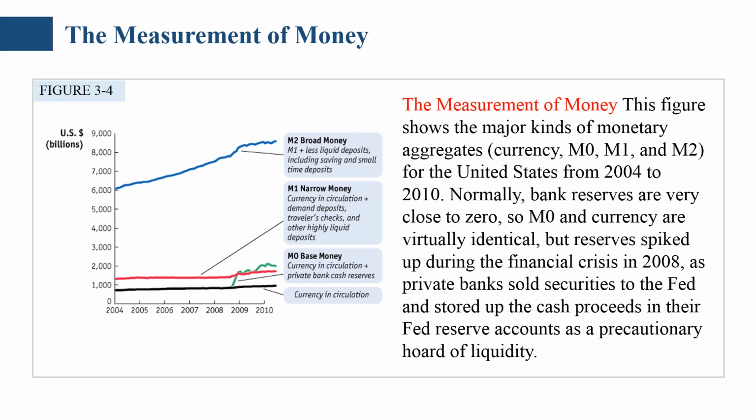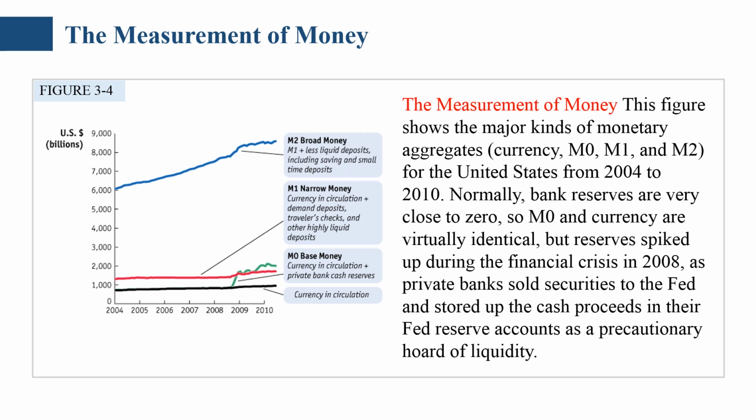Figure 3.4 shows the major kinds of money aggregates: currency, M0, M1, and M2 for the United States from 2004 to 2010. Normally, bank reserves are very close to zero, so M0 and currency are virtually identical.